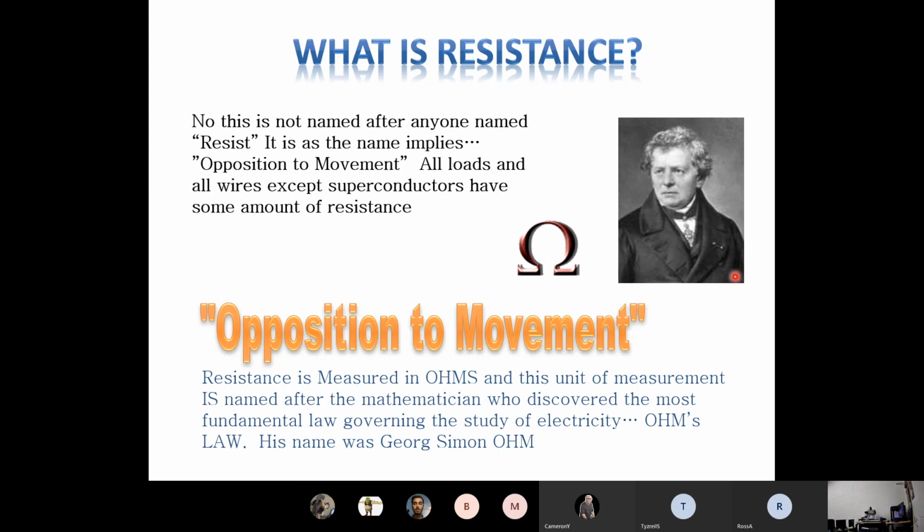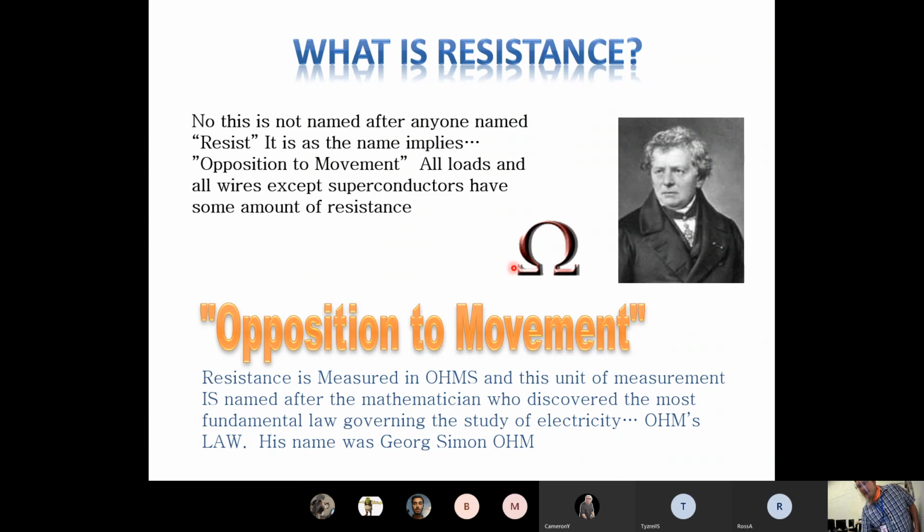At the very bottom, I'm going to ask Google Translate how to say it. So this means the unit of resistance is described by that symbol on the screen, the omega symbol.